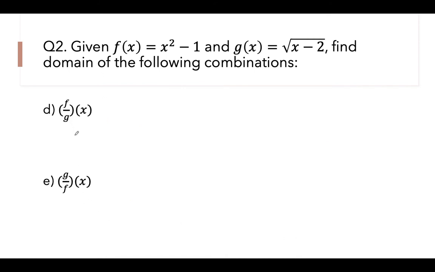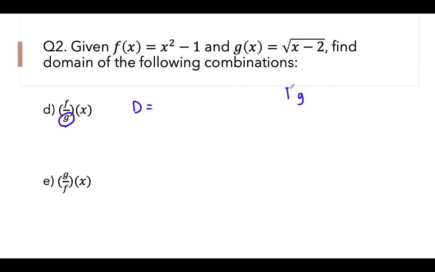Now, what about the quotient? For the quotient, they will intersect exactly the same, so it's the same idea for the domain, but we have to keep in mind that function g, when it is in the denominator, cannot equal 0.